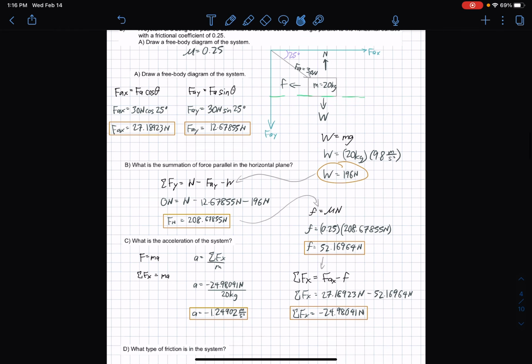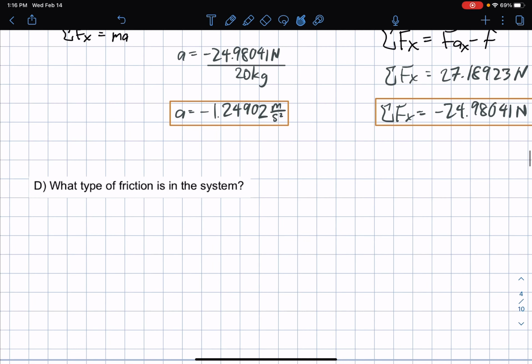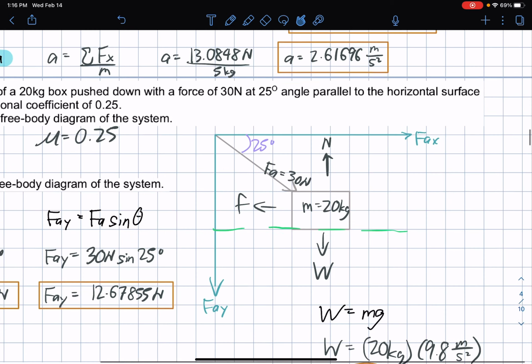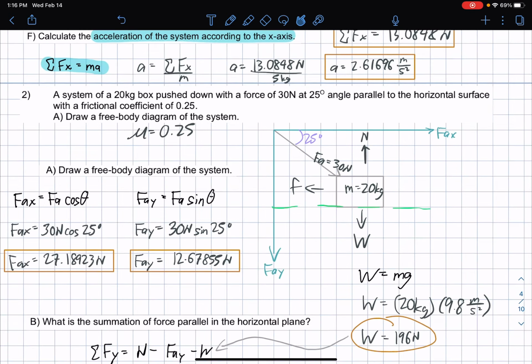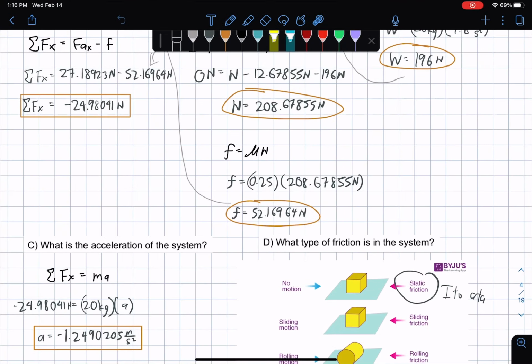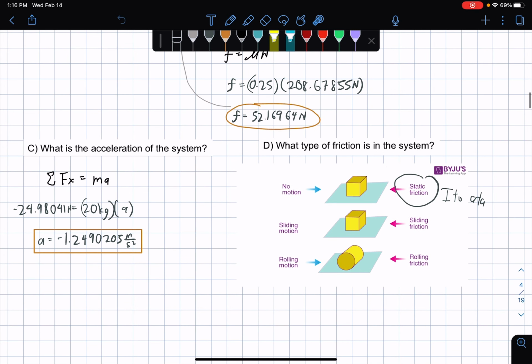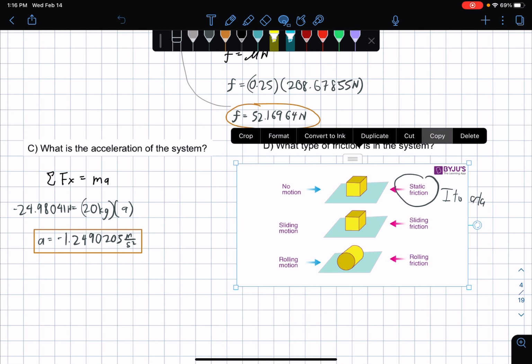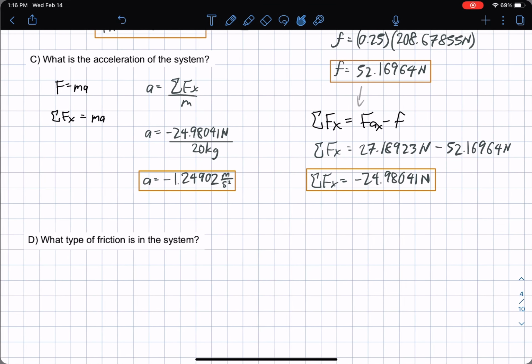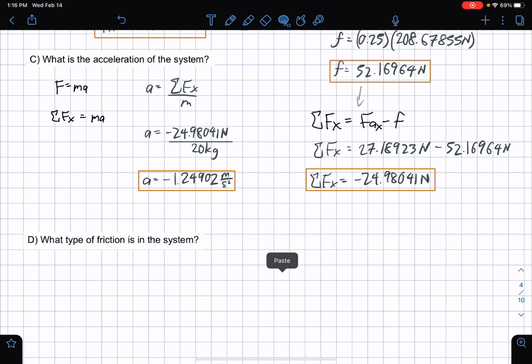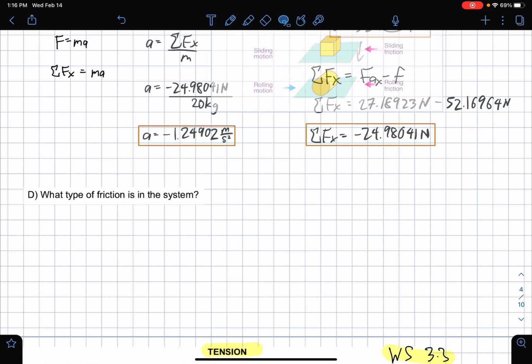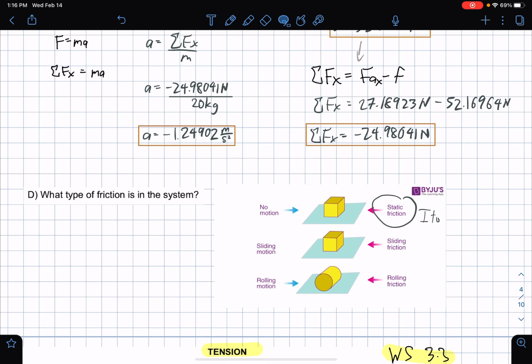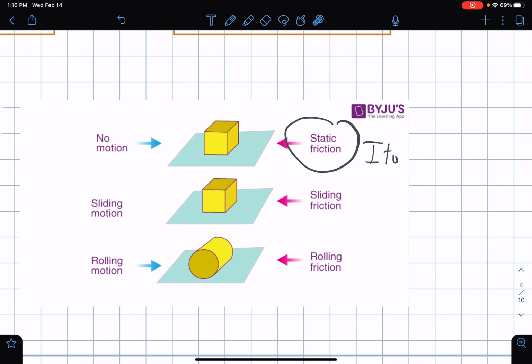Now we have to identify what type of friction is in our scenario. I have no idea. Wait. Okay. It makes sense. Our scenario is classified as static friction for the reason that unlike the other types, in sliding friction, there's a sliding motion.